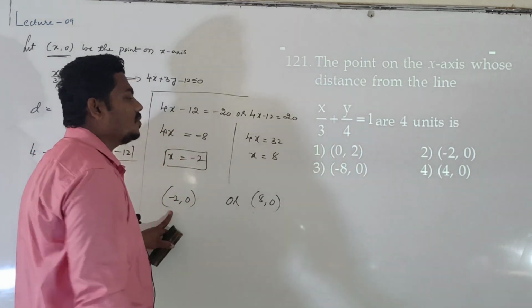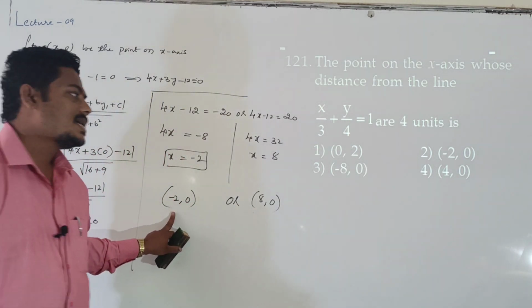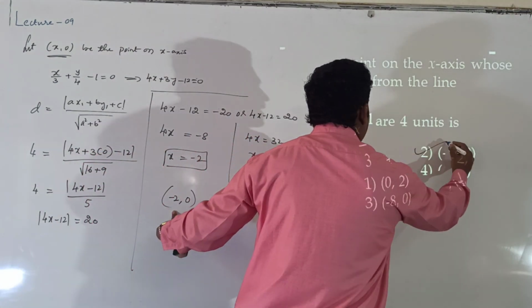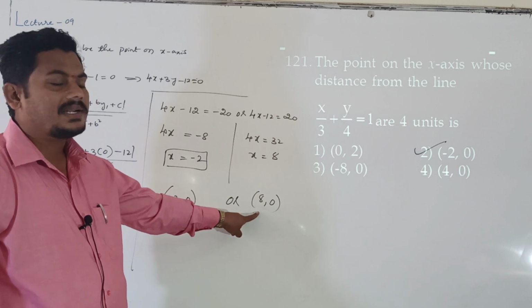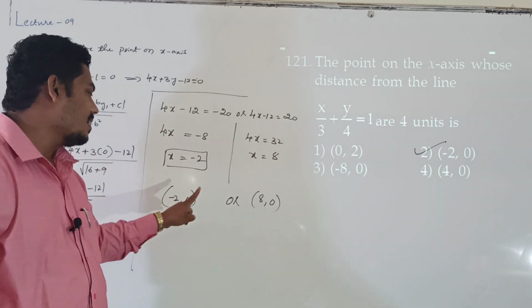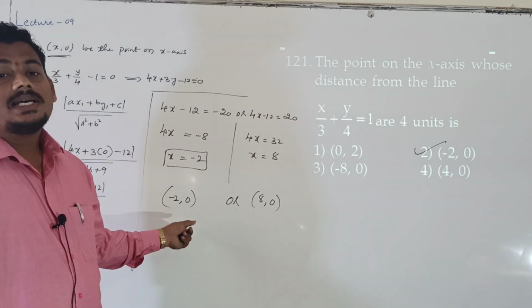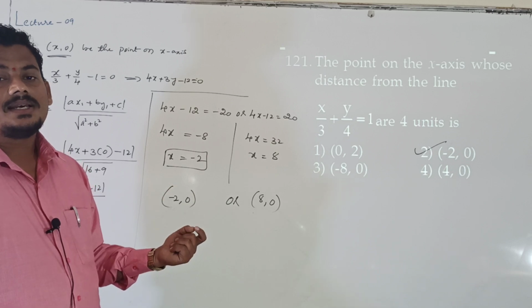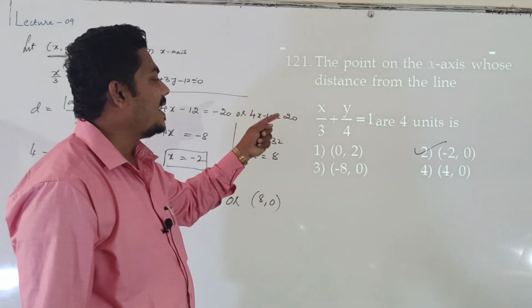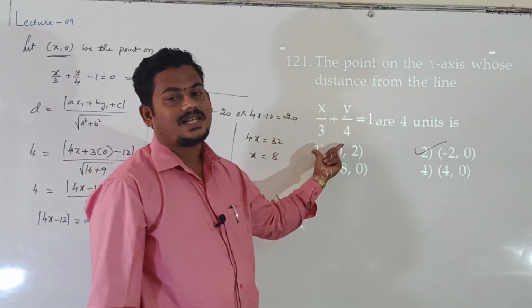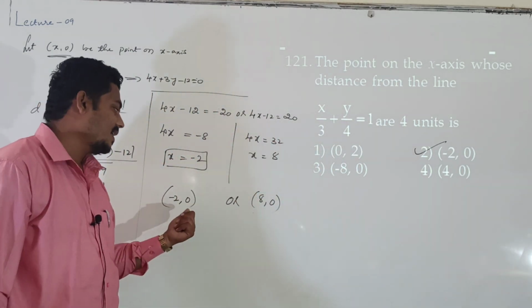In the given options only one point is given, that is minus 2 comma 0, the second option. They may give 8 comma 0 instead of minus 2 comma 0. There are 2 points, right?